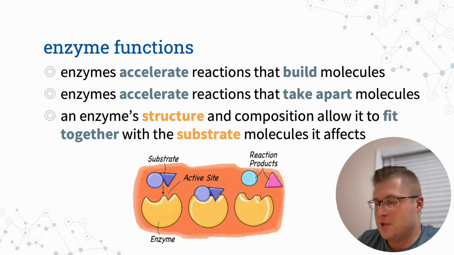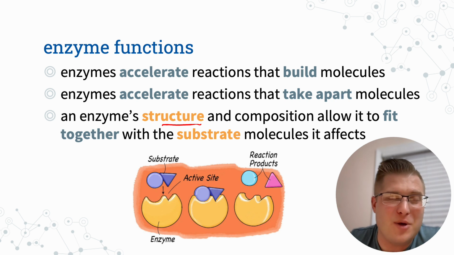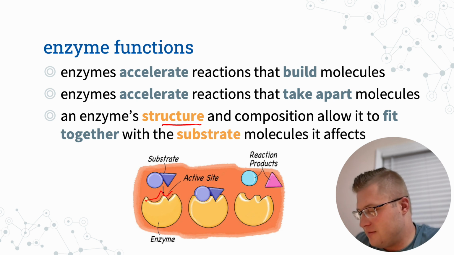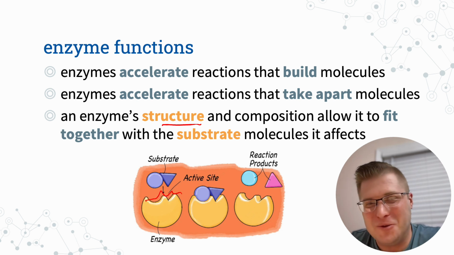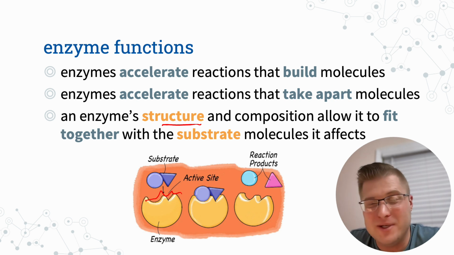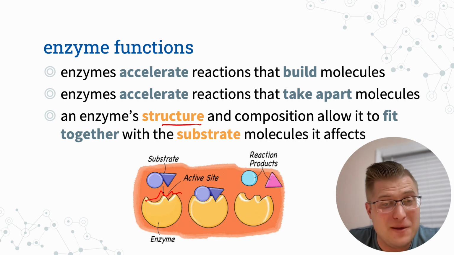An enzyme's structure and its composition allow it to fit together with the substrate molecules it affects. If a protein gets denatured, if it loses its shape, it's not going to be able to connect with its substrates. If it loses its shape because of excess heat or too much acid, it's not going to react very well. That's it for this lesson.